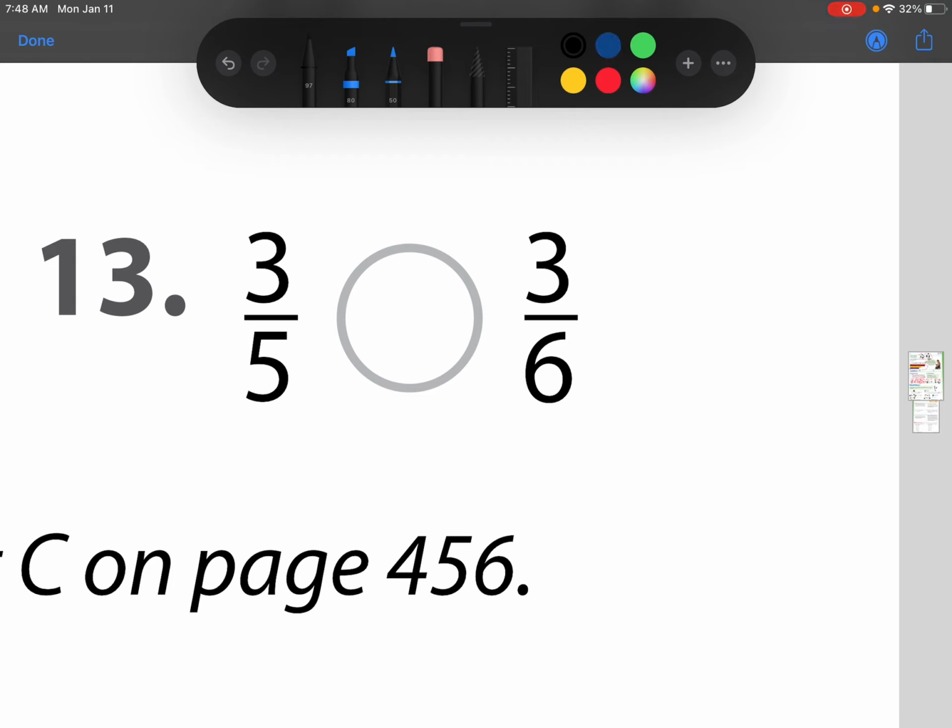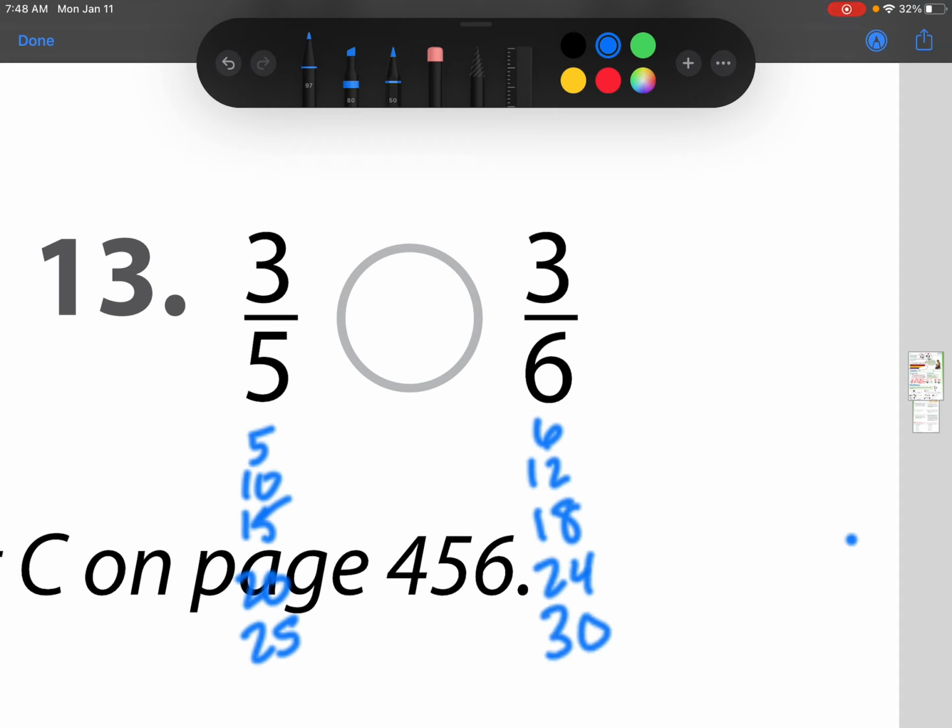Okay, this one right here, we'll make my list of our common multiples. So we have 5, 10, 15, 20, 25. This one we have 6, 12, 18, 24, 30. I don't see it repeating, so that means I have to keep going. So now I would do 30, and look, there they are. So this is going to be times 6.